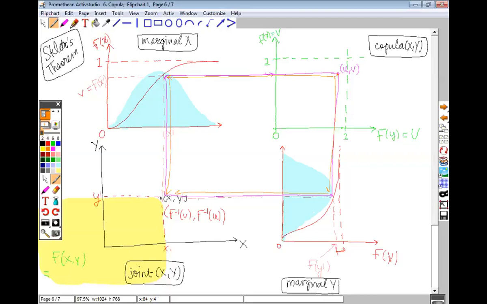If I were to write the actual equation, it says that if we have a joint cumulative distribution function with marginal cumulative distribution functions, and we have a copula, then we can define F.